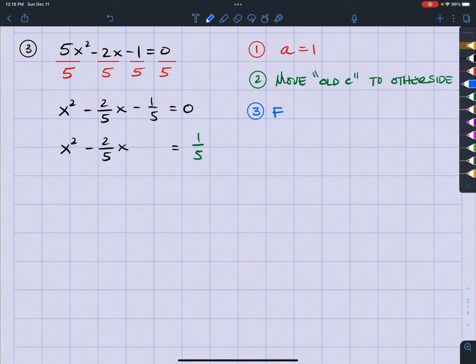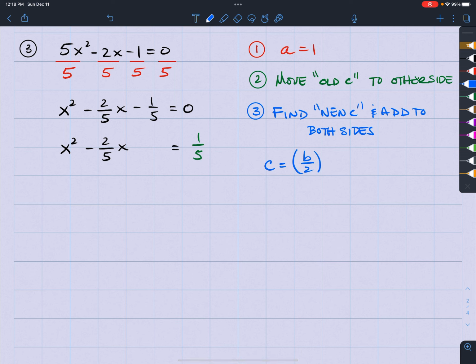Step 3. Since I just got rid of the old c, I'm going to find a new one and add it to both sides. So I know that c is equal to b divided by 2, squared. My b here is the negative 2/5.